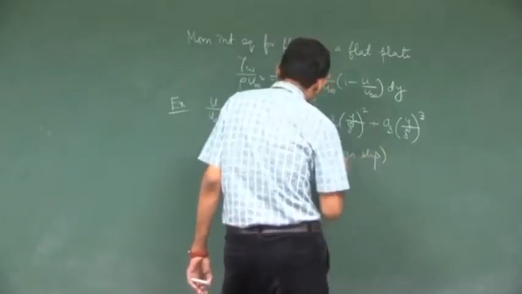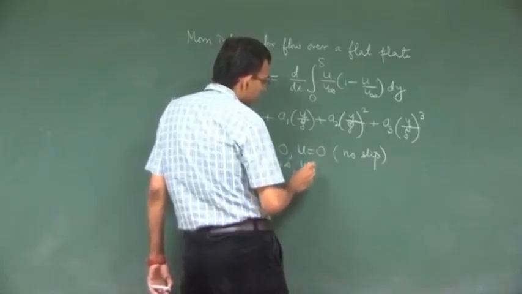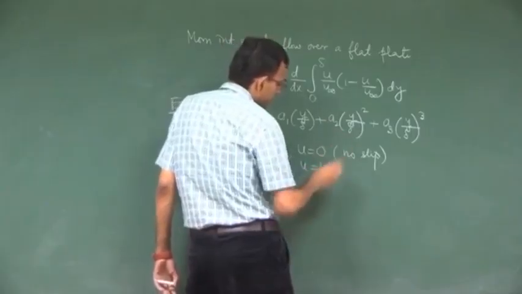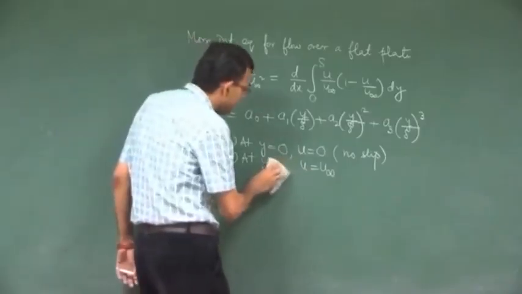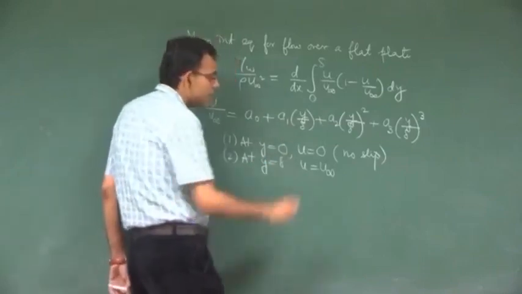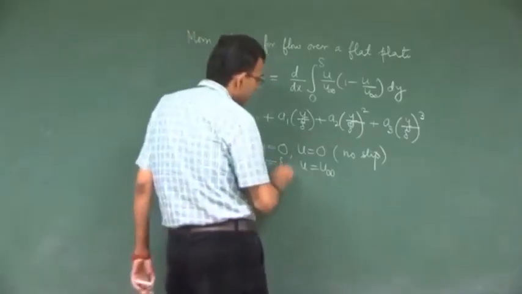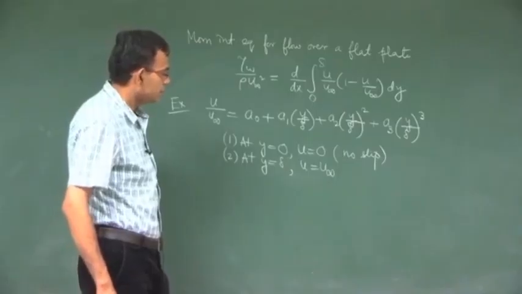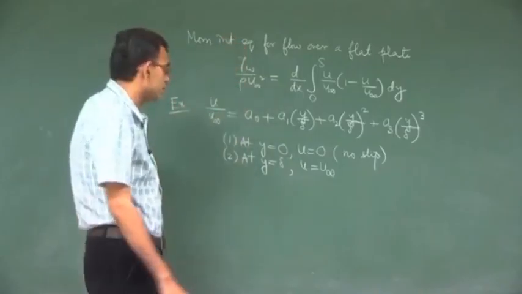Second is at y tends to infinity, u will be, or at y tends to infinity is physically replaced by y equal to delta, because at delta velocity becomes 99% of u infinity. So this will be u equal to u infinity. So this is the boundary condition of our velocity at y is equal to delta.